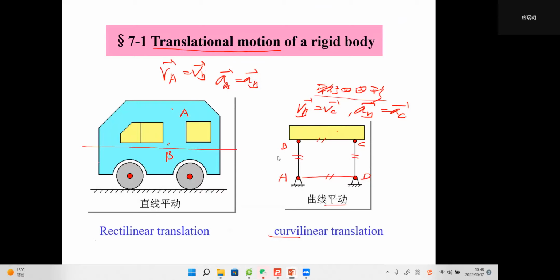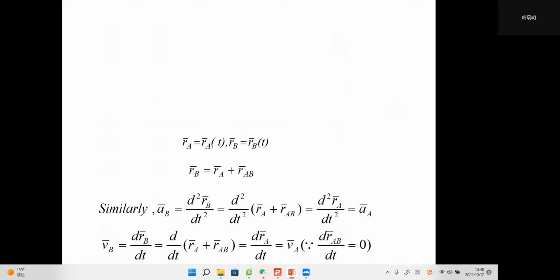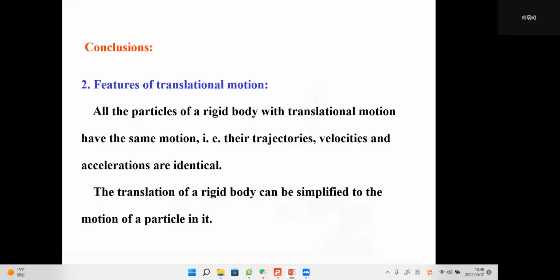That's the main knowledge point of translational movement of a rigid body, right? That tells us why. So we will skip all these things because I think it's very easy to understand.